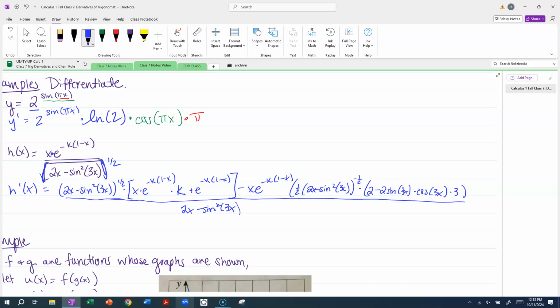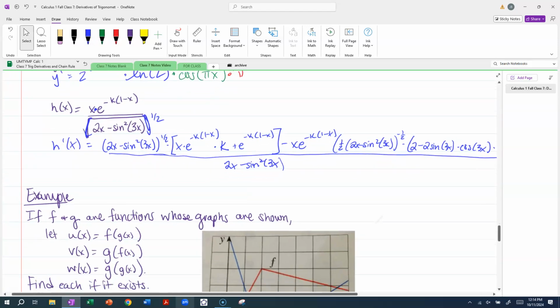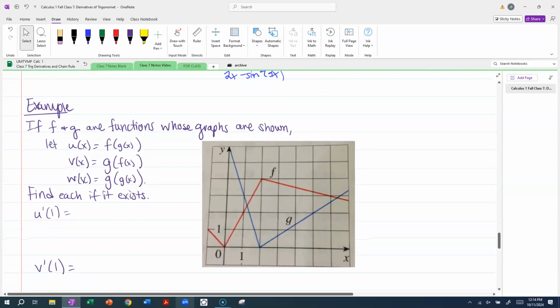Then the chain rule: 1/2, rewrite the inside, and then inside I get 2 for the derivative of the first part, and the derivative of the second part. It's a 3-stage chain again, so bring the 2 down, take derivatives, rewrite sine, derivative of sine is cosine, and multiply by the derivative of the inside.